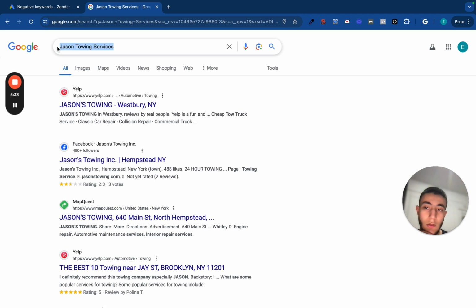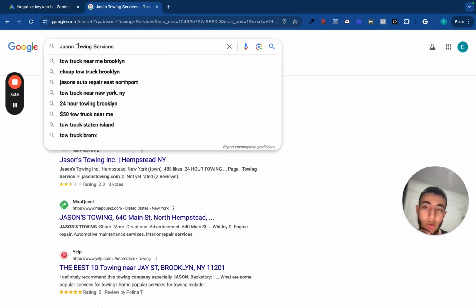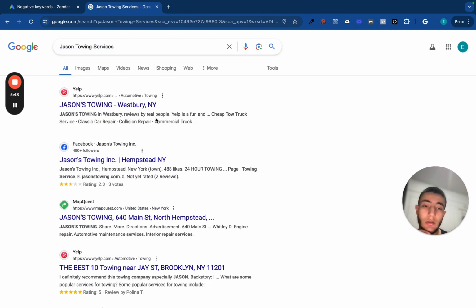So if you use broad match with towing services or towing services near me, it's going to go after your competitors' names and also those searches. If a person clicks on that, you're going to be charged. And if the person calls and asks for the company which your competitor is, you're going to lose this client.